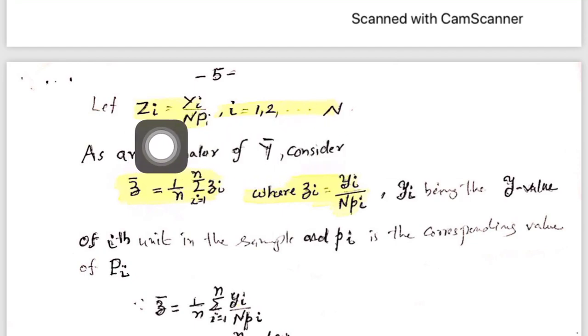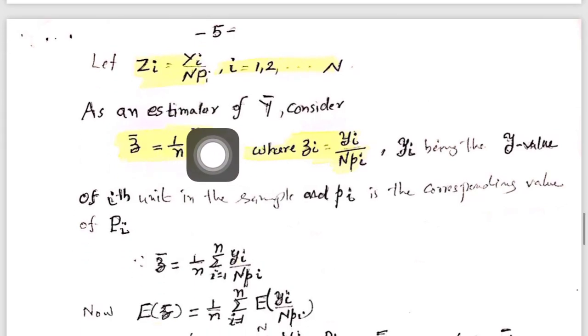That means Zi is equal to capital Yi divided by capital N into Pi, where capital Yi is the Y value of the ith unit with respect to the study variable, and capital Pi is the probability that that particular unit is selected.